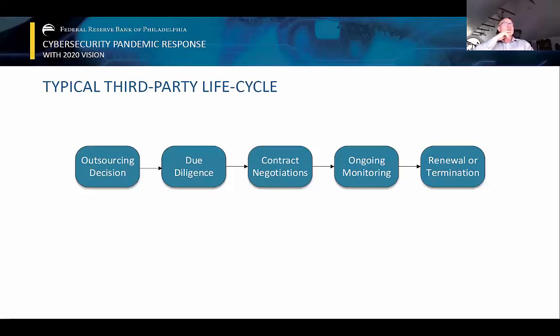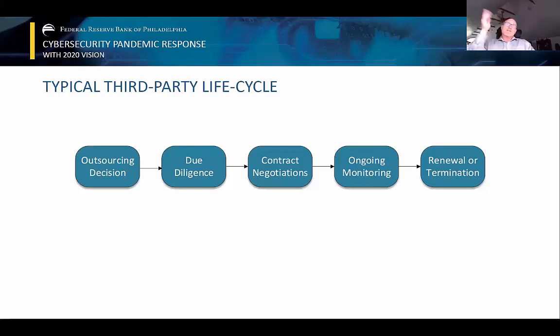We're also doing cybersecurity due diligence with questionnaires and collecting evidence to make sure our third parties are secure. We go into contract negotiations, then we sign contracts, implement services, and have ongoing monitoring. A lot of risk management activities happen in ongoing monitoring.